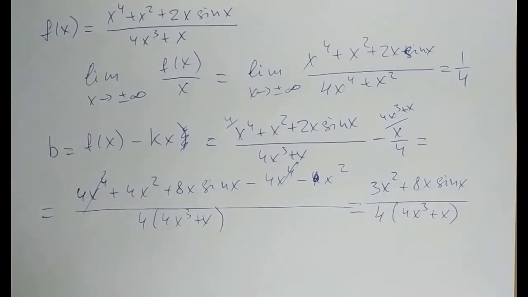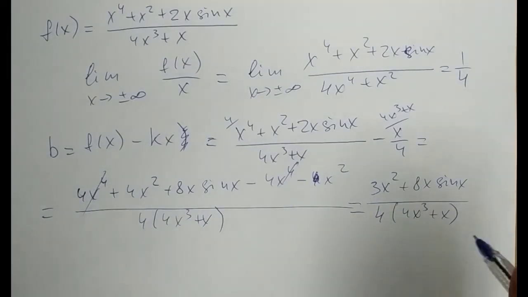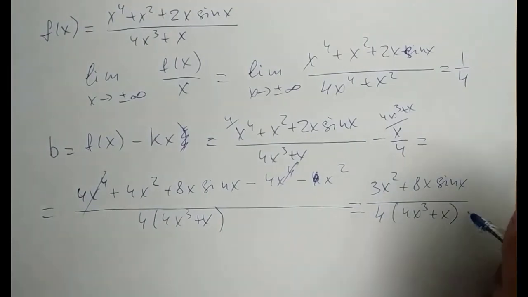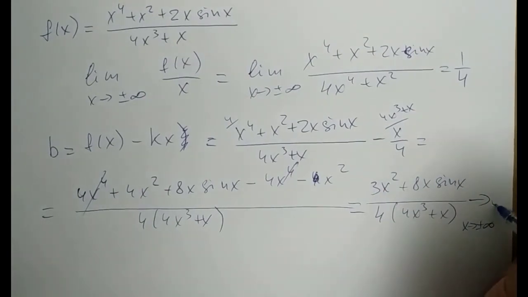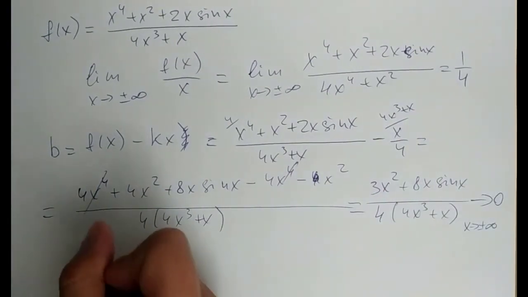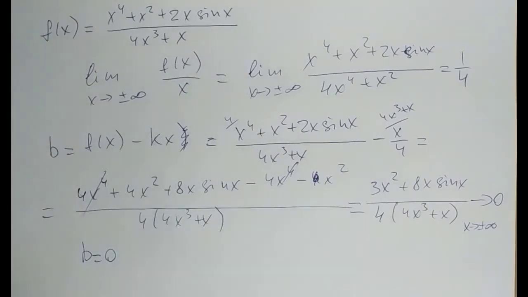So now the power of the denominator is again higher than the power of the numerator. That's why as x tends to plus minus infinity, it tends to 0. So it means b is 0.